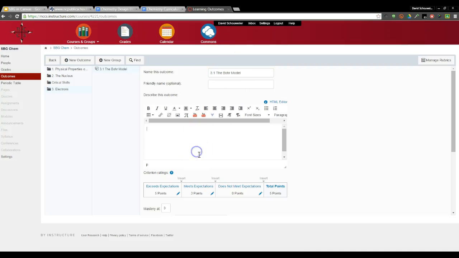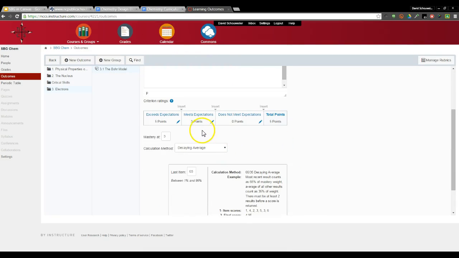Okay, and I can also add all of my content in here from my curriculum guide and all of my objectives and decide exactly what level of mastery I want students to achieve on this particular standard. Okay, so here by default Canvas gives me an option for 5 points, 3 points, and 0 points, dividing it up into just 3 indicators of mastery.